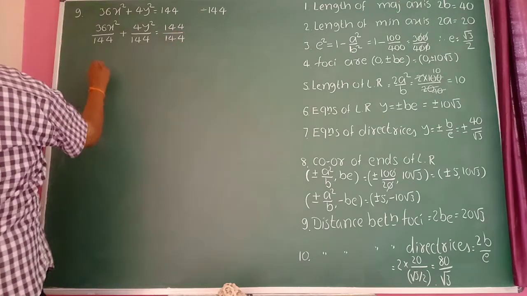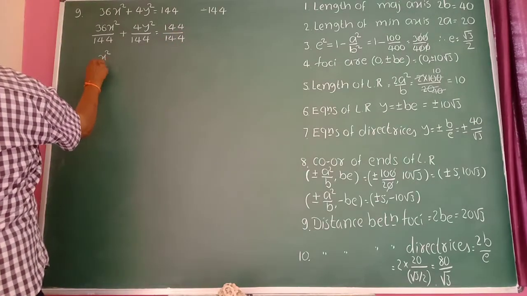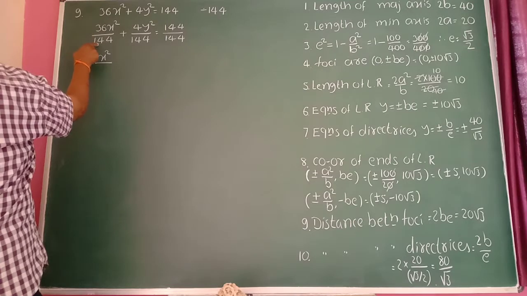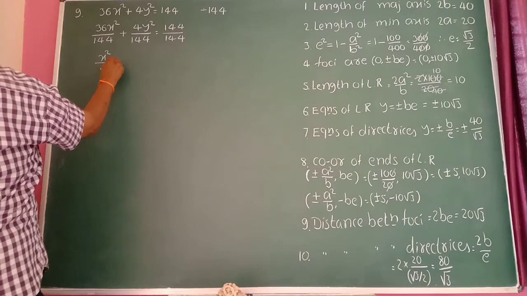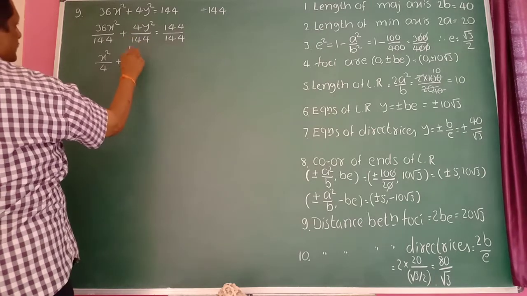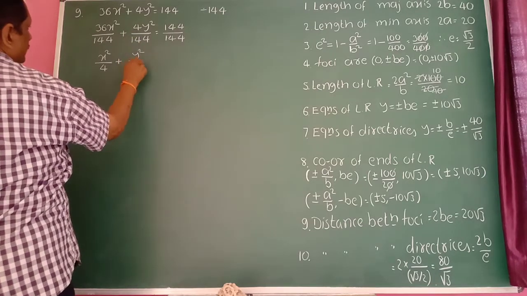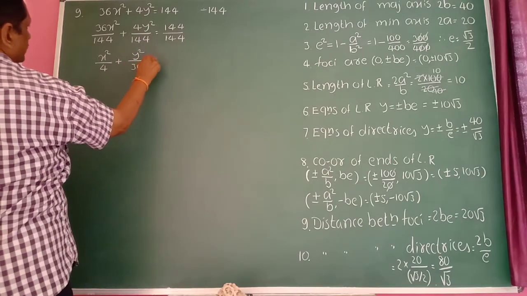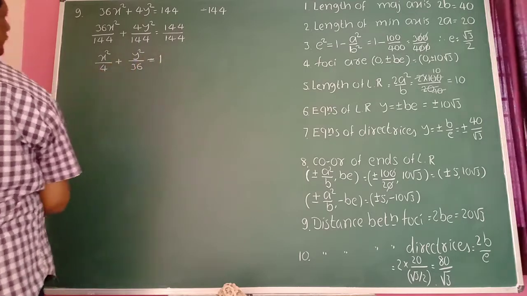Therefore x² divided by 4, plus y² divided by 36 is equal to 1.